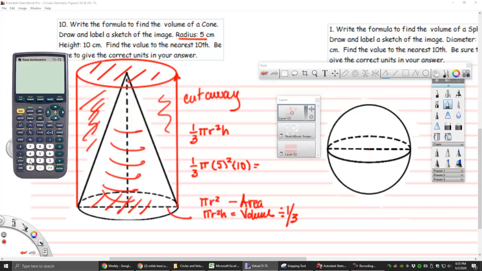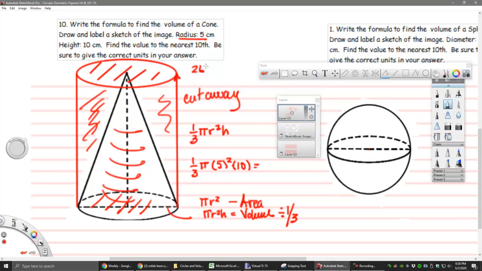So I have 1 divided by 3, so that keeps just the cone, cuts everything else away, times pi times 5 squared times the height, which is 10. And now I get 261.8 if I round off to the nearest tenth.